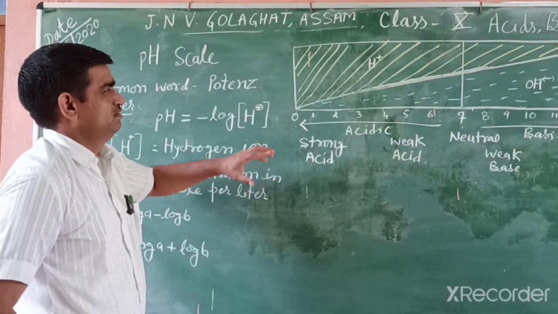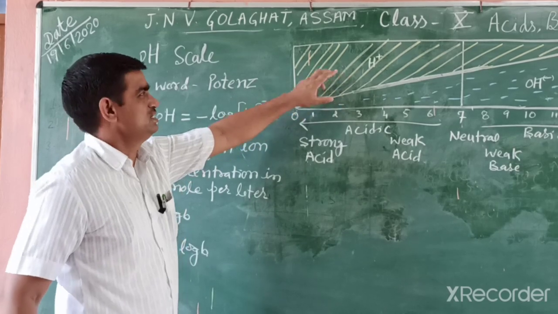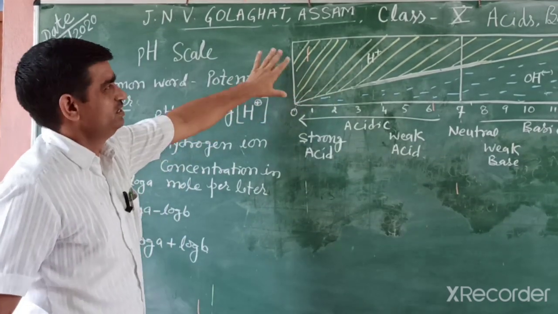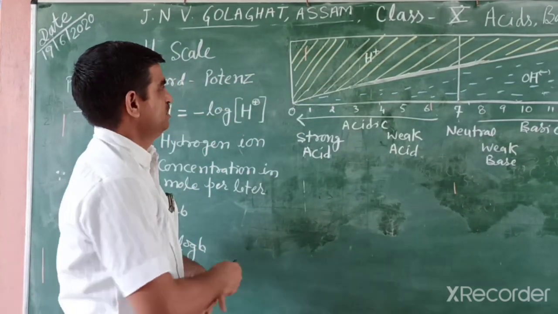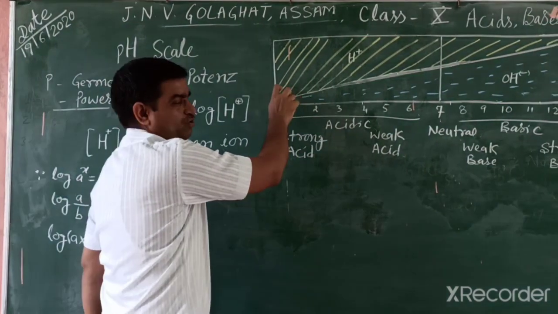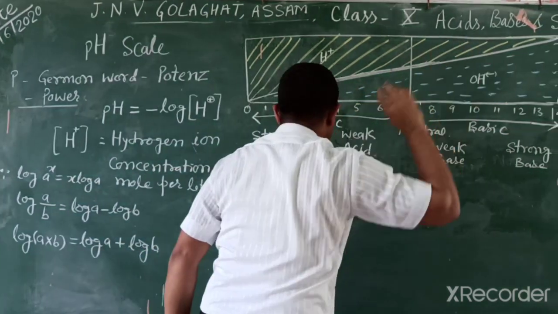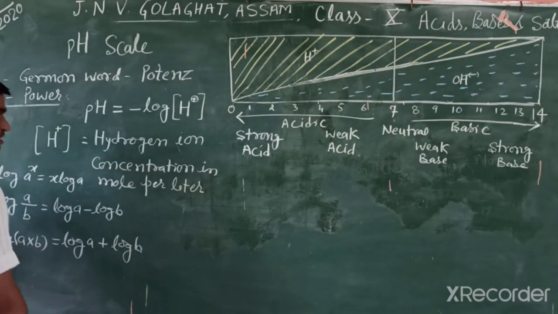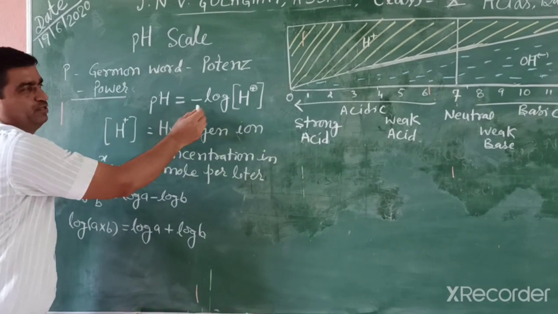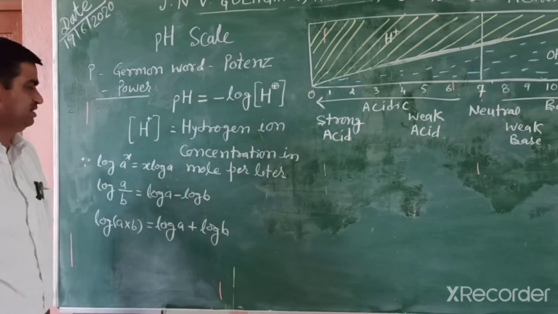If any acid has more hydrogen, that is lower pH. This is indicated by that scale: if the number of hydrogen ions is more, pH is lower, and if hydrogen is less, pH is higher. So it is a mathematical formula: pH is equal to negative logarithm of hydrogen ion concentration.